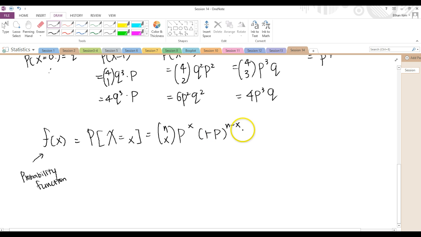Alright, just using the above, if probability of x equals 2, this is going to be 4 choose 2 p to the second power and q squared. So this is the probability that we use.